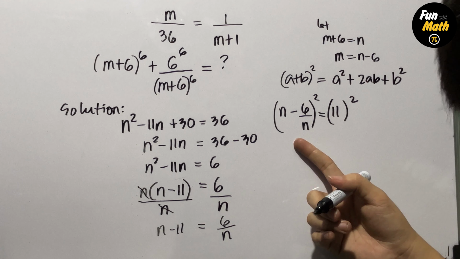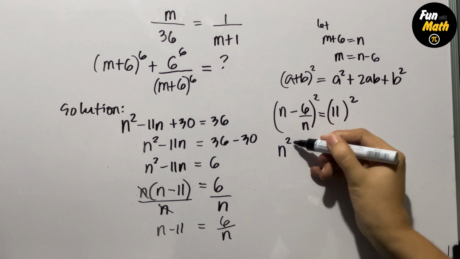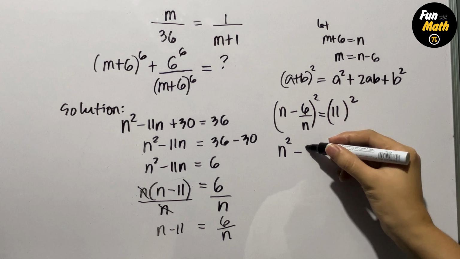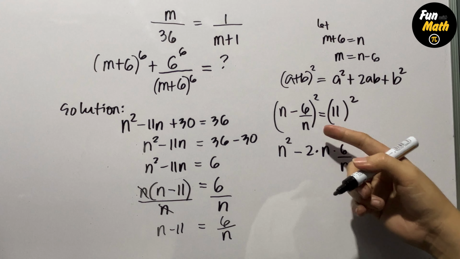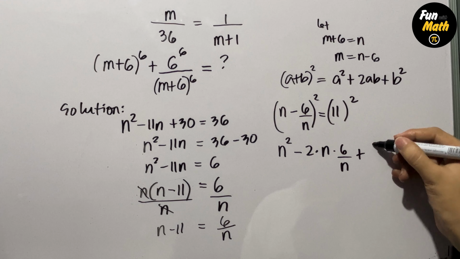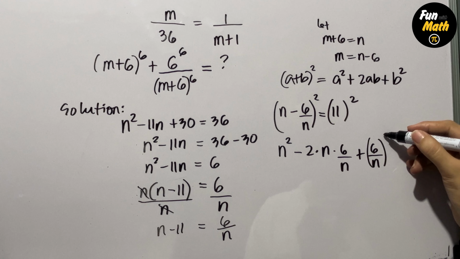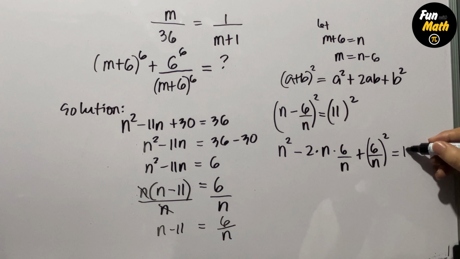So for this to expand, this is now n squared minus 2 times n times 6 over n, plus (6 over n) to the power of 2 equals 11 squared, that is equal to 121.